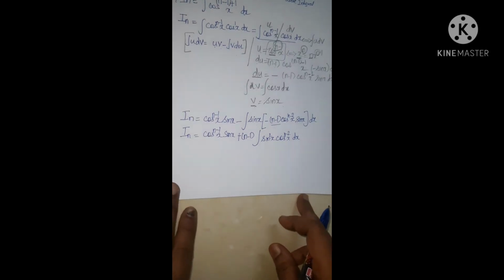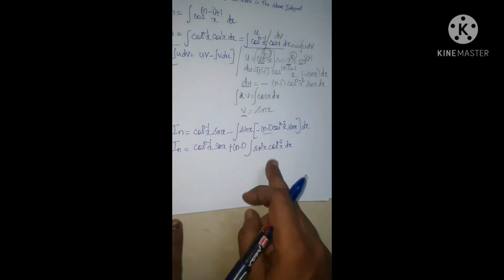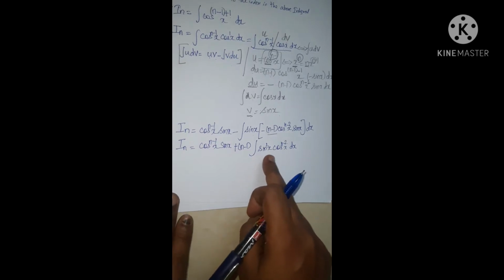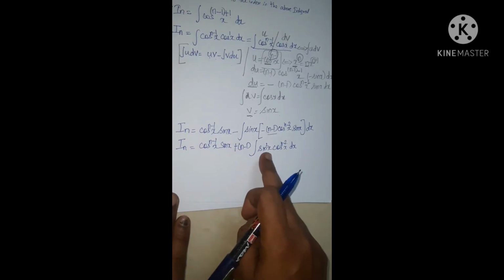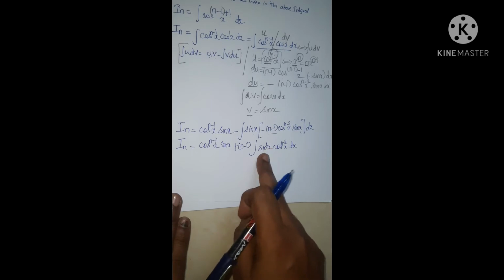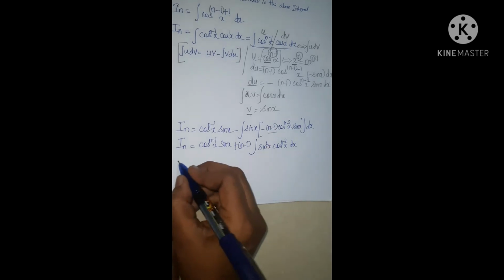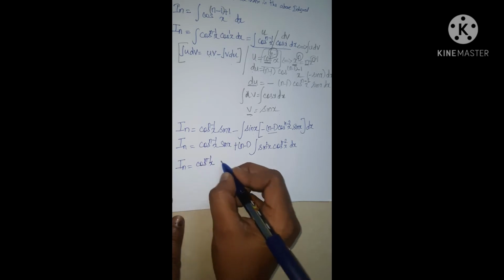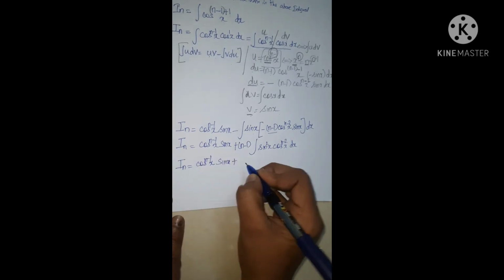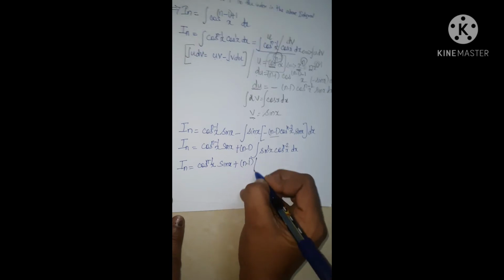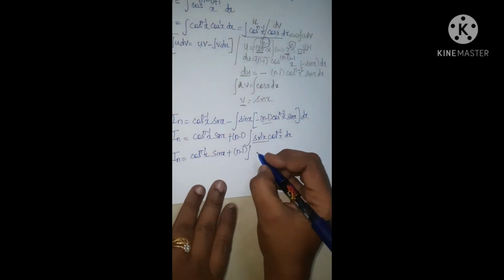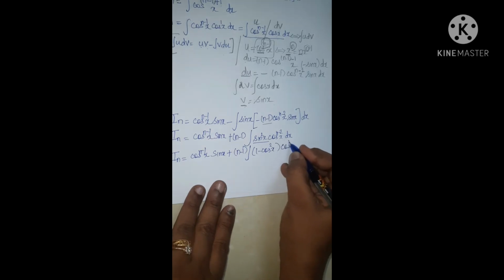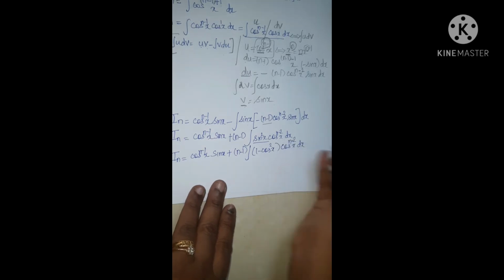Next we are going to apply the property of sin squared theta. We know the trigonometric identity sin^2 x = 1 - cos^2 x. So to proceed further, I_n = cos^(n-1)x sin x + (n-1) of, we know sin^2 x = 1 - cos^2 x, into cos^(n-2)x dx.